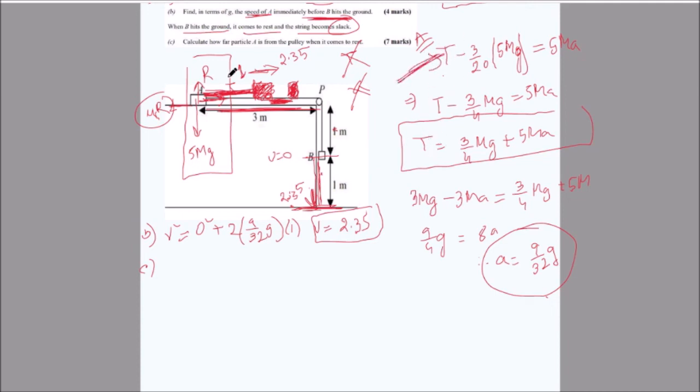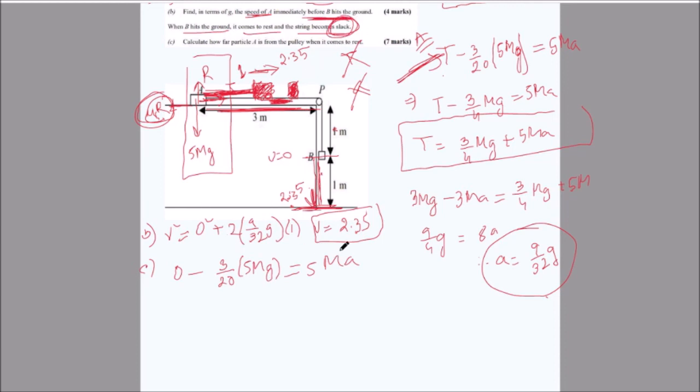In this equation we do not have any tension towards the right, so tension will be 0, but the frictional force acting towards the left is constant, so we use the same value. We substitute T as 0 because the string is not taut anymore, it's slack.